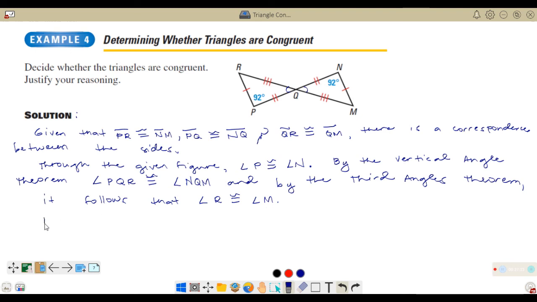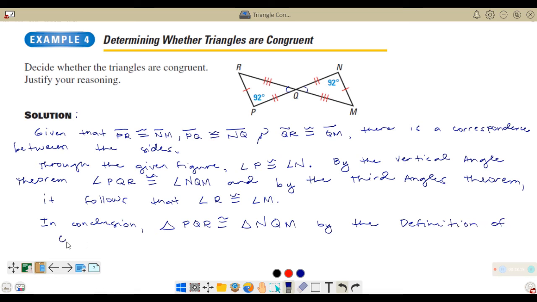In conclusion, we have triangle PQR. Ang corresponding kay P ay N, corresponding to Q is of course Q pa rin, and corresponding to R is M. In conclusion, triangle PQR is congruent to triangle NQM by the definition of congruent triangles.